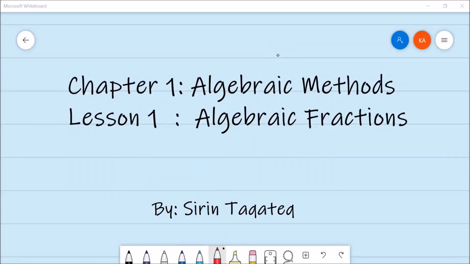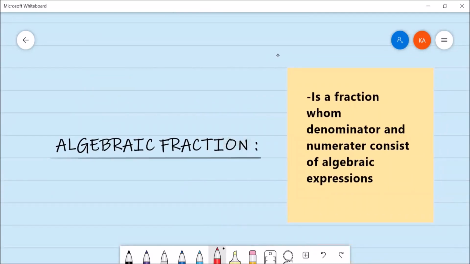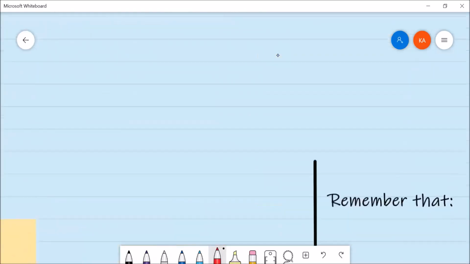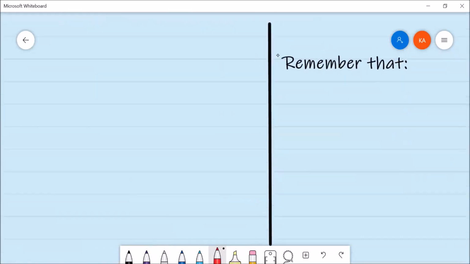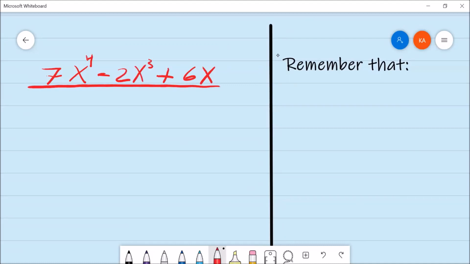What are algebraic fractions? An algebraic fraction is a fraction whose denominator and numerator consist of algebraic expressions. We can give an example of an algebraic fraction like (7x^4 - 2x^3 + 6x) over x.